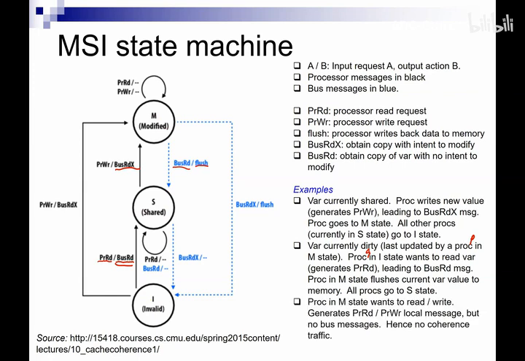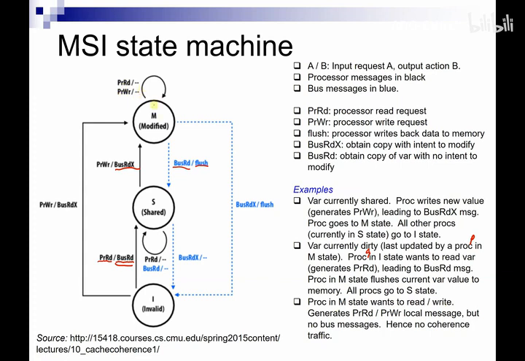Okay, one more example. Suppose we have a process in the M state, so it's the only process with the up-to-date copy of the variable. And suppose that this process wants to read or write to the variable. Then it's going to generate these process read and process write messages.